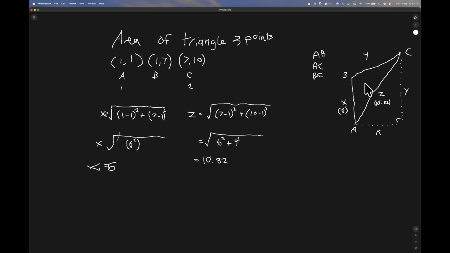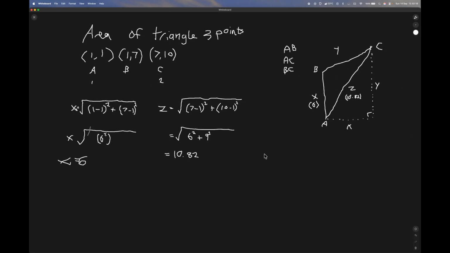So, now to find the length of y, if you want to pause the video and try and figure that out yourself, feel free to do so. It is equal to the square root of, it's going to be line BC, so we'll rub that one there out.